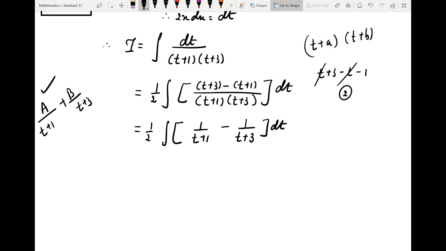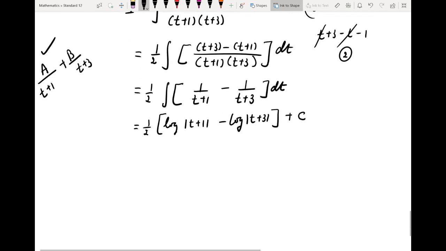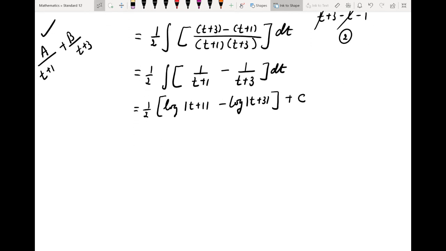So 1/2 log mod t plus 1 minus log mod t plus 3 plus constant of integration, and log a minus log b is log a by b.